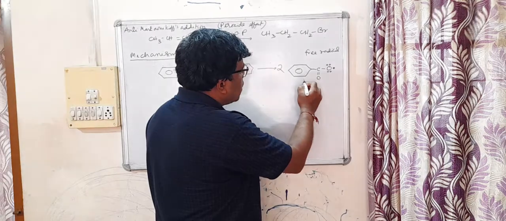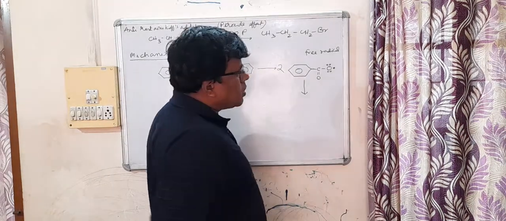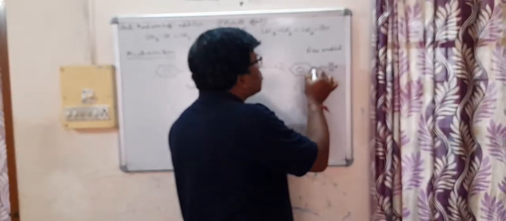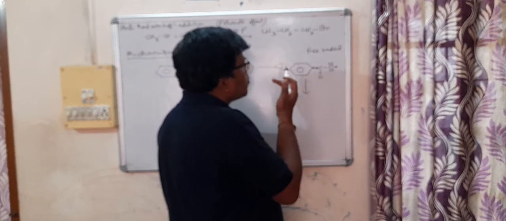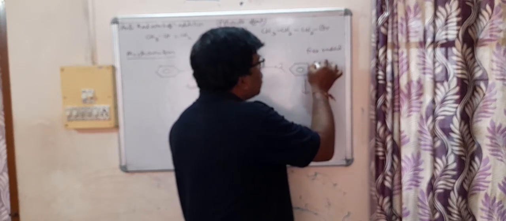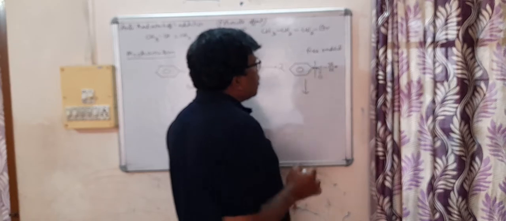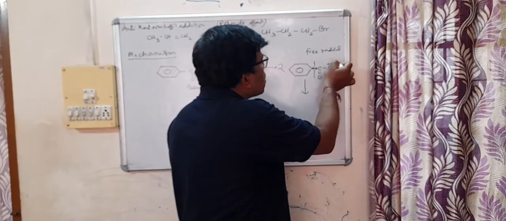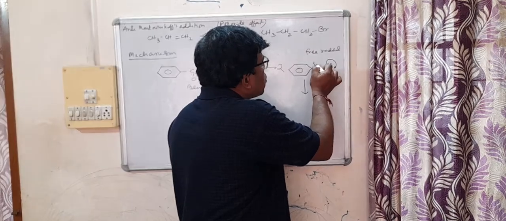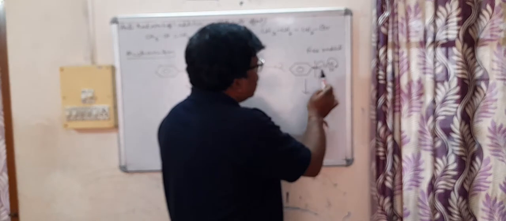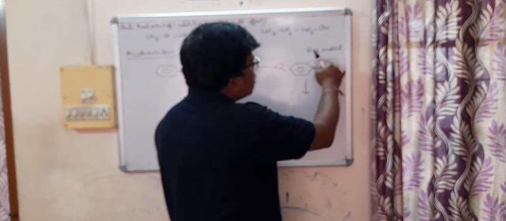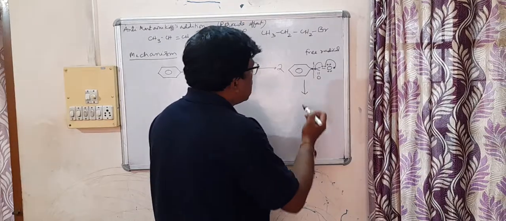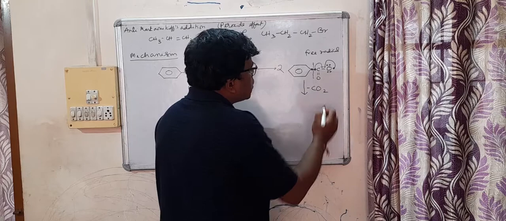Now this stabilizes into a more stable species. How does it stabilize? There are 2 electrons here, and there occurs homolytic fission, and this electron comes over here, this electron comes over here. Carbon dioxide is formed, C double bond O, so carbon dioxide gets removed.